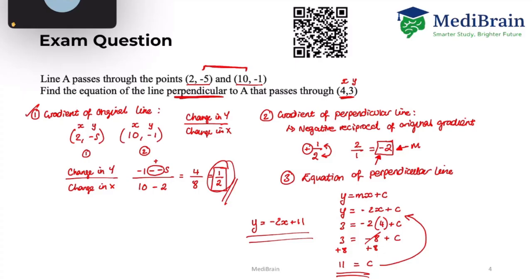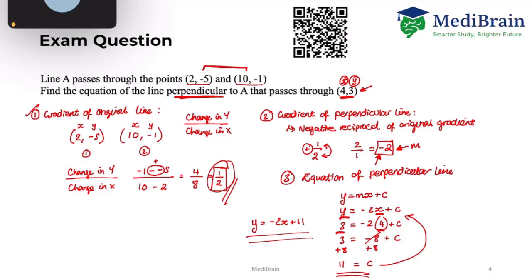Okay, now we need to make sure that the coordinates (4, 3) over here pass through the line. So we know that the first coordinate is x and the second coordinate is y. We're just going to substitute in those numbers in place of x and y. So in place of x, we're going to have 4, and in place of y, we're going to have 3.